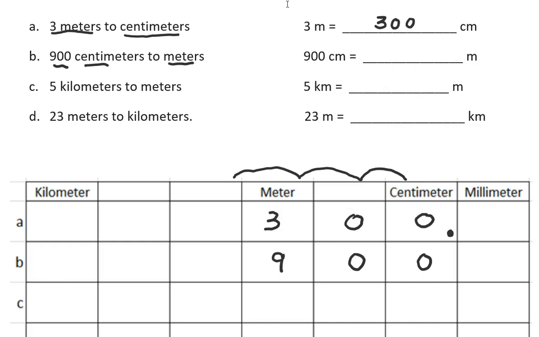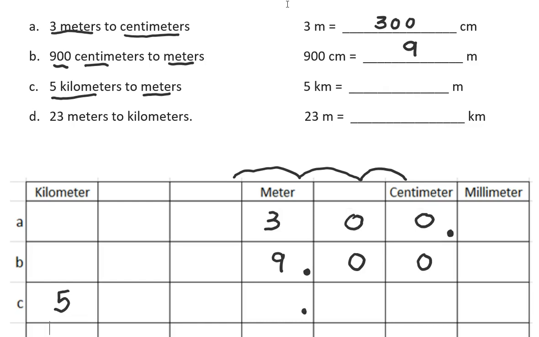Since I'm converting this to meters, I'm going to put my decimal point in the meter place value section. And this shows us that 900 centimeters is the same thing as 9 meters. In the next problem, we'll convert 5 kilometers to meters. I'll start by writing my 5 in the kilometer section, and I know that I'm going to convert it to meters.